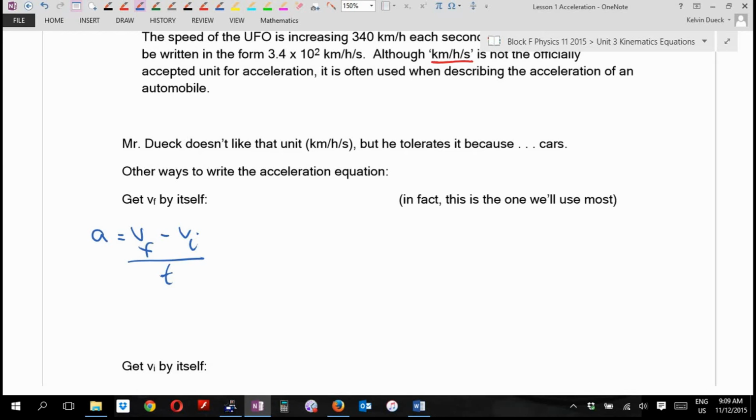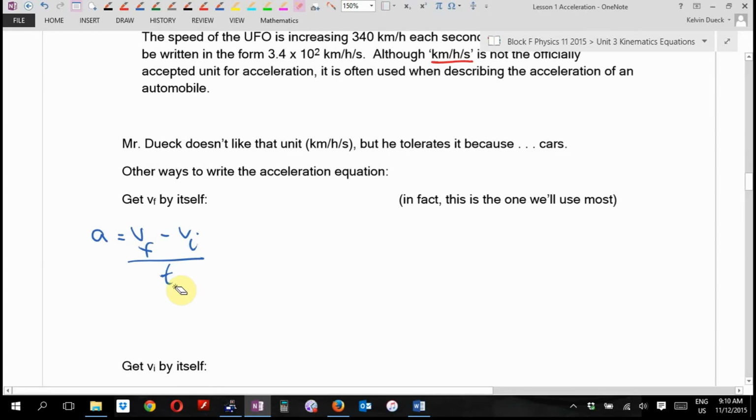Let's get the VF by itself. And then I wrote in brackets, in fact, this is the one that we'll use the most. See the VF? What's this T doing? Dividing.